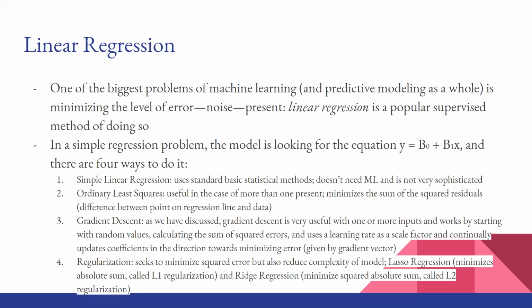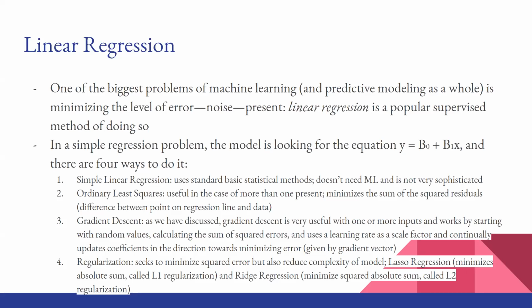The first is simple linear regression, which uses standard basic statistical methods and doesn't need ML. It's not very sophisticated. Our second one, which gets a bit more into ML, is ordinary least squares.